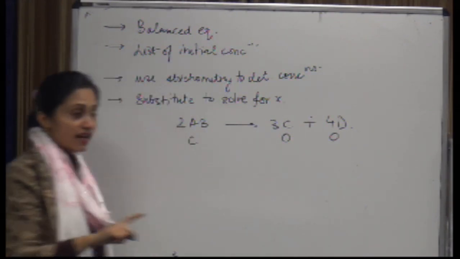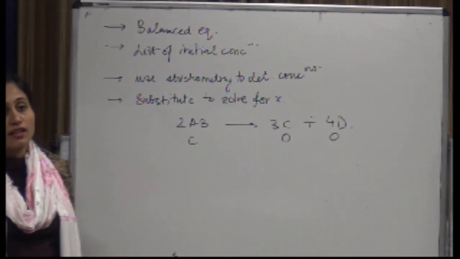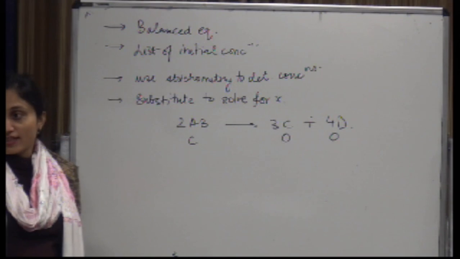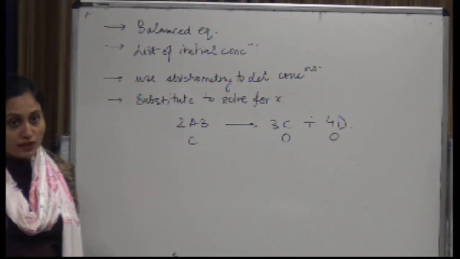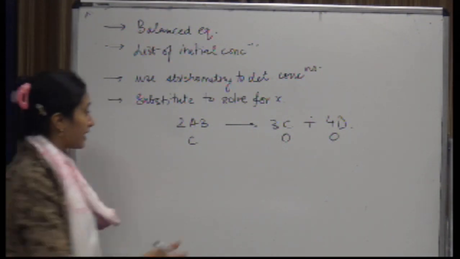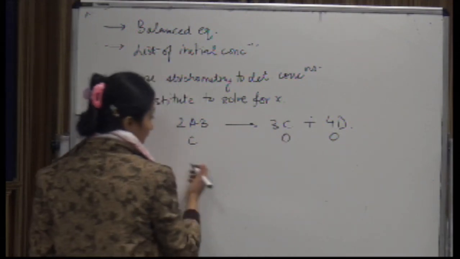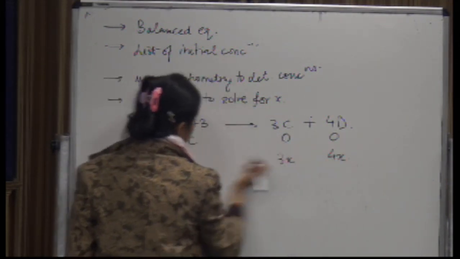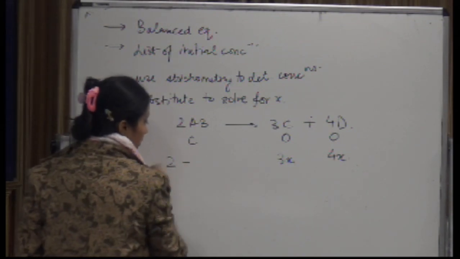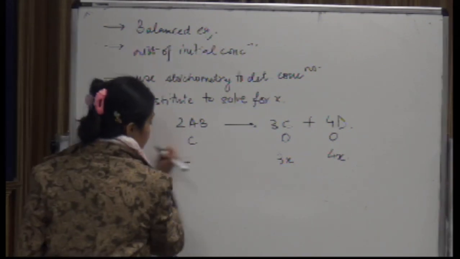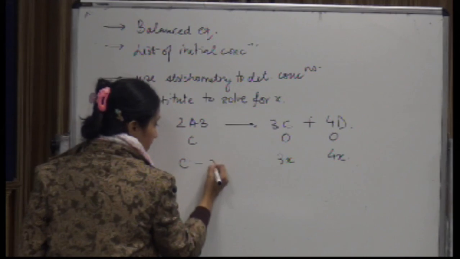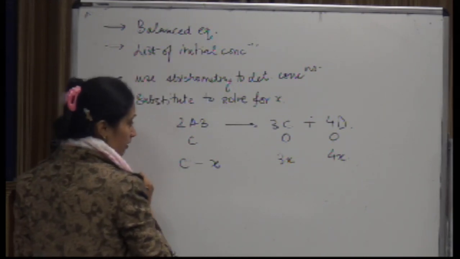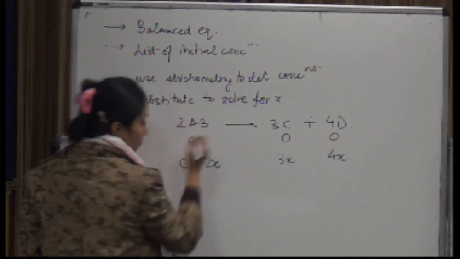Now if equilibrium is attained after x extent of the reaction, or alpha extent of the reaction, and x moles are getting formed, then 3x of C will be formed and 4x of D, and what is getting reduced is C minus, why 2x? Yeah, because here you have 2 moles.